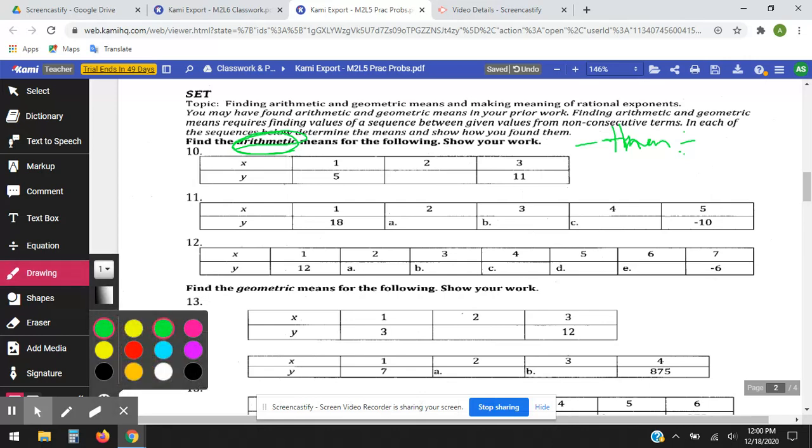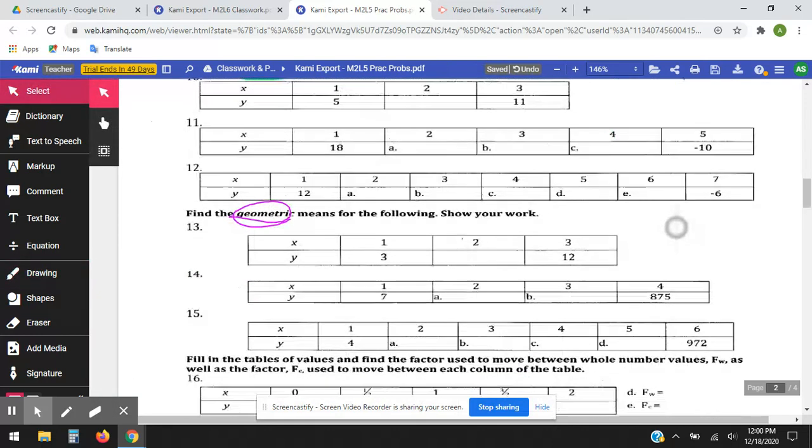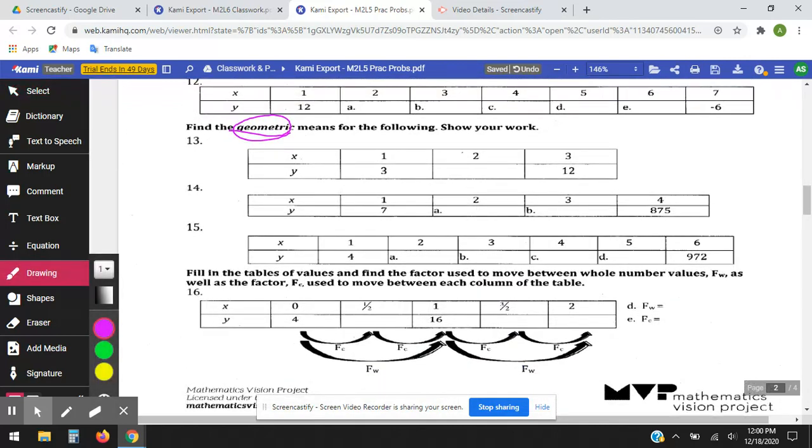Down here, you're doing geometric, which means you're going to divide, then take the root of whatever number you need up here.